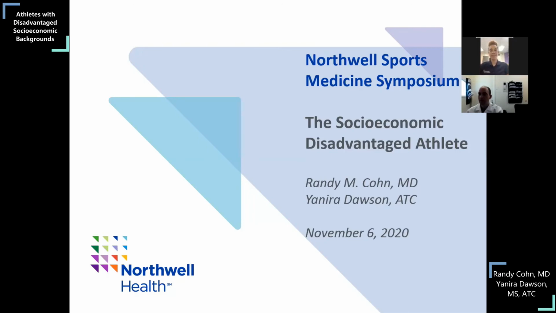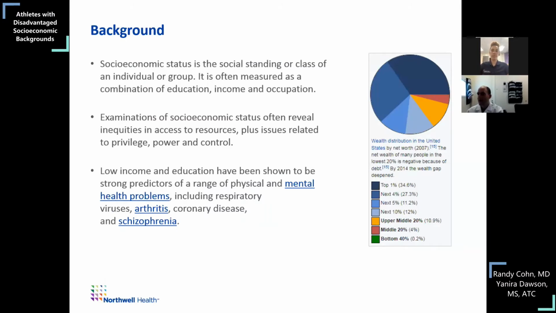We're here today to talk to you about care of the socioeconomically disadvantaged athlete and give an overview of social determinants of health and how that relates to patients under our care. Socioeconomic status is the standing or class of an individual, patient, or a group. It can be measured as a combination of education, income, and occupation.